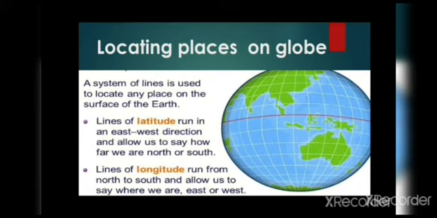The point at which the parallel and the meridian cross each other is the location of that place. A system of lines is used to locate any place on the surface of the earth. Lines of latitude run in an east-west direction and allow us to say how far we are north or south. Lines of longitude run from north to south and allow us to say where we are east or west.